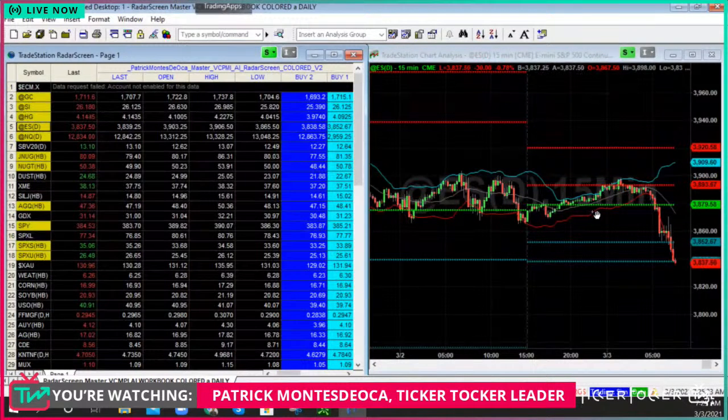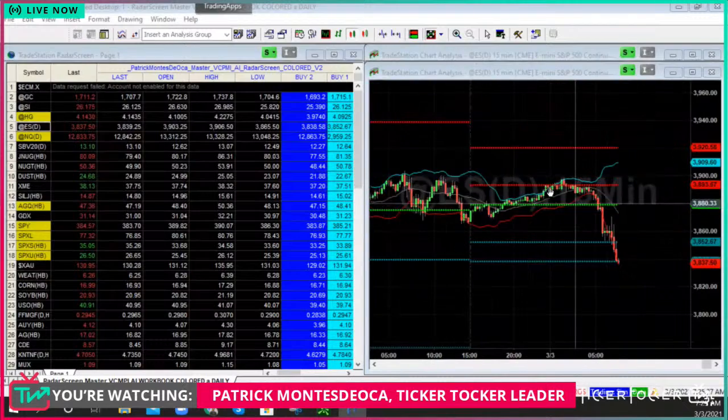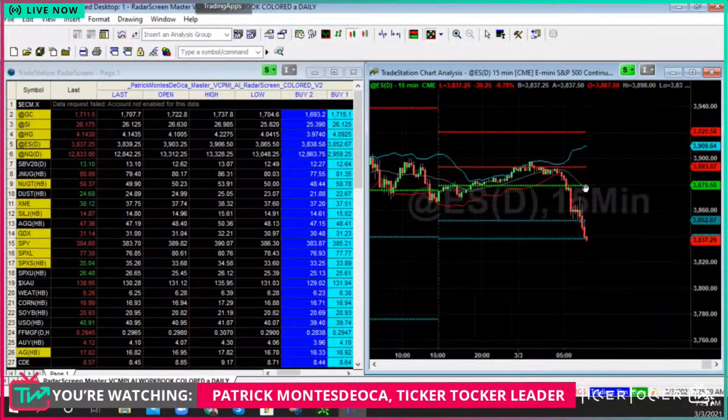The E-mini S&P has reverted from the sell 1 level, as you see here, of 3893, and it's come down now into the extreme level below the mean.